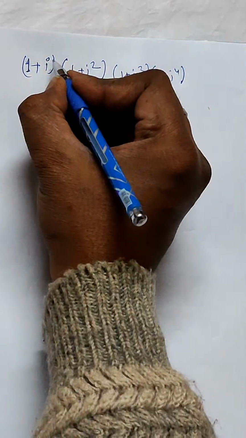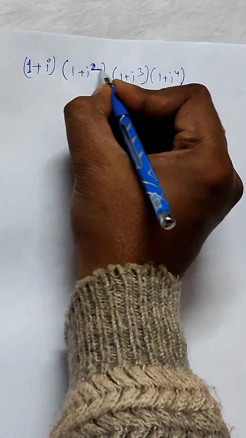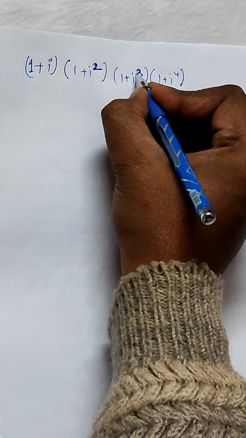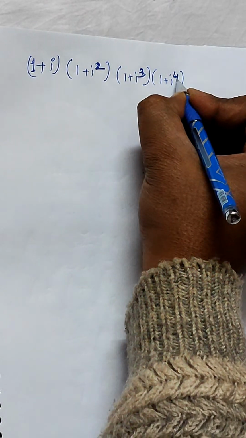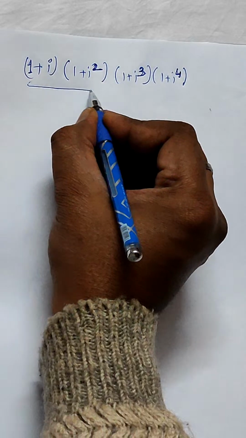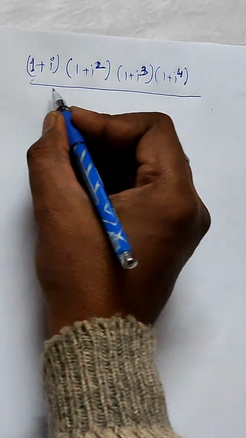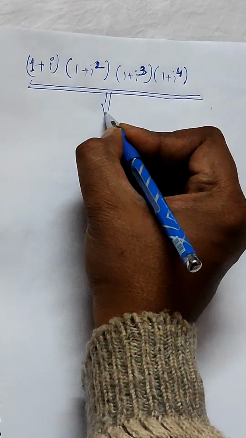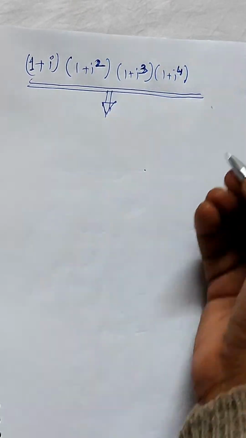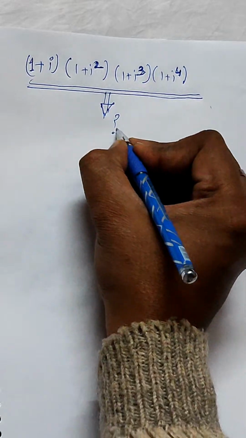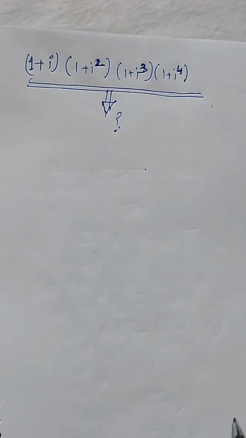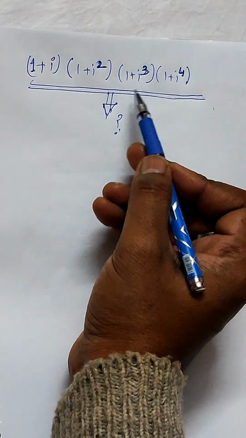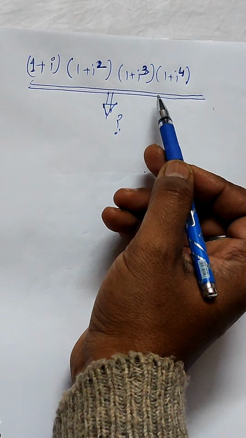You can see square is in power, cube is in power, 4 is in power over here. We need to find the value of this, that is, the value of the given set of complex numbers, or this arrangement.